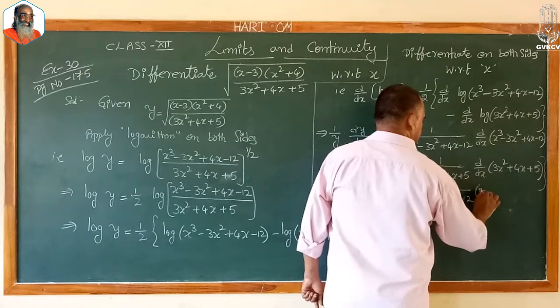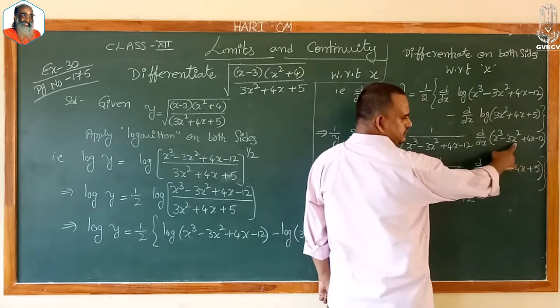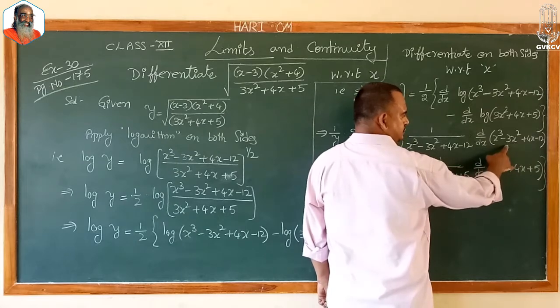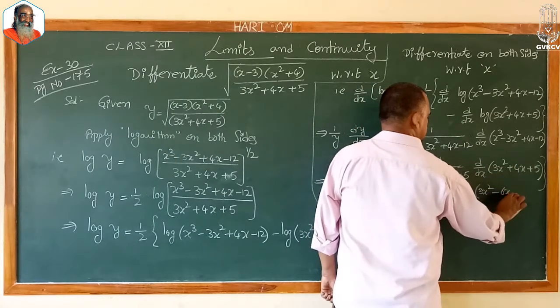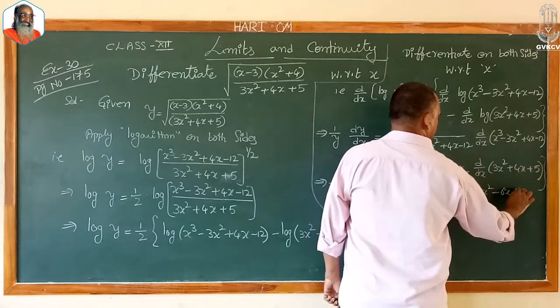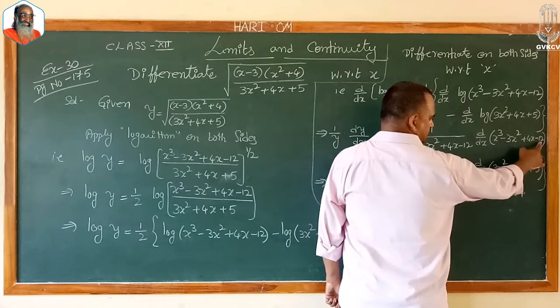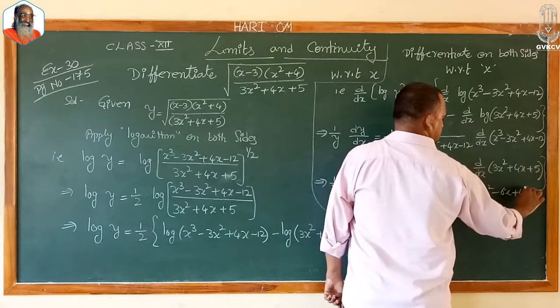X cube derivation is 3x square. X square derivation is 2x, 2x into 3, 6x. X derivation is 1, 1 fours are 4. Minus 12: 12 is a constant, derivative of a constant is 0.